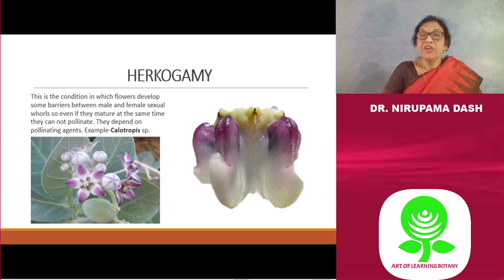Due to these structural barriers, the pollen grains are unable to reach the receptive point of the stigma. It has to depend on outside factors or pollinating agents. Therefore it is for cross-pollination.